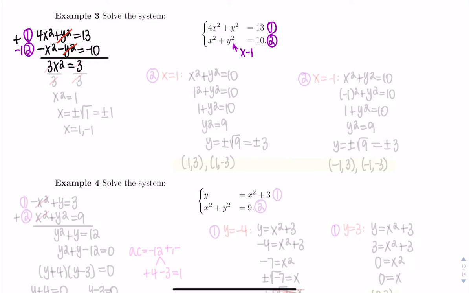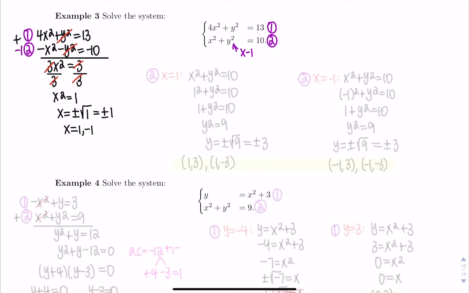And so dividing both sides by 3, we get x squared equals 1. And using the square root property, we get x equals plus or minus the square root of 1, which is plus or minus 1. So this means we have x equals 1 and -1.